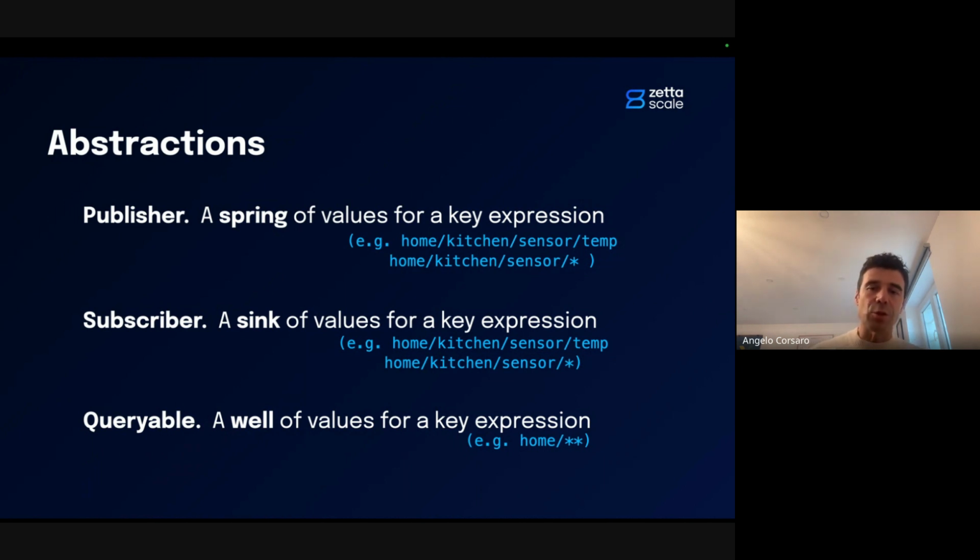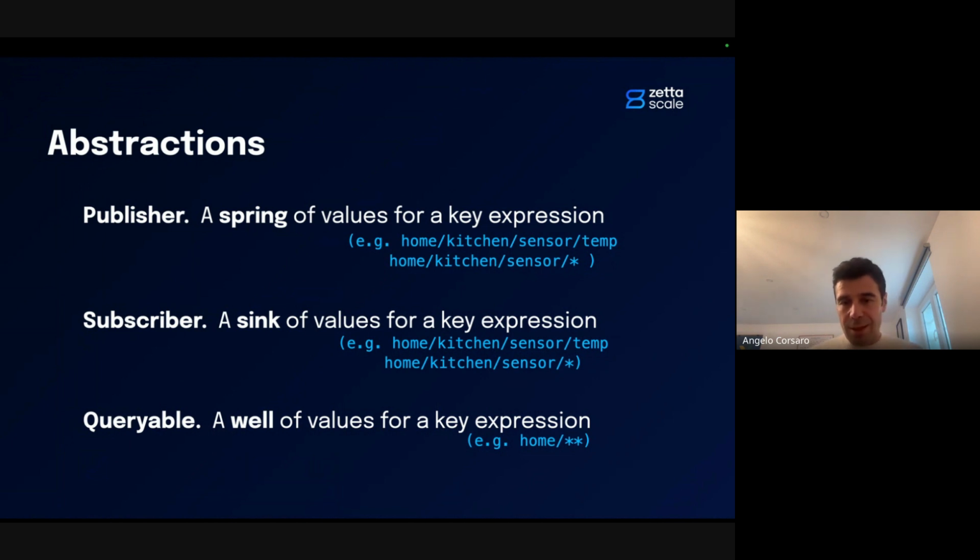A publisher is just an optimization that allows us to do some interesting things on the protocol to further reduce the impact on the network when communicating. But a publisher is like a source of value for a key expression. You have a subscriber that is like a sink of value for a key expression, and then you have a queryable, which is like an oracle in the network that tells, okay, look, if you're looking for resources whose key matches this key expression, you can come to me. Okay, that's the only commitment that it has.